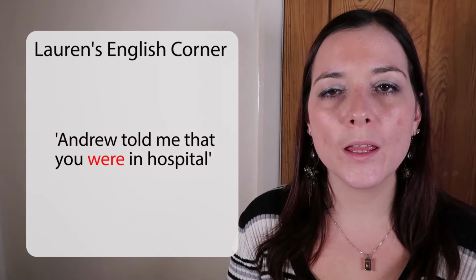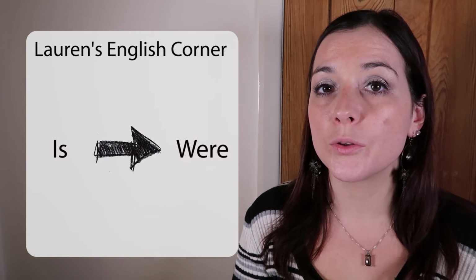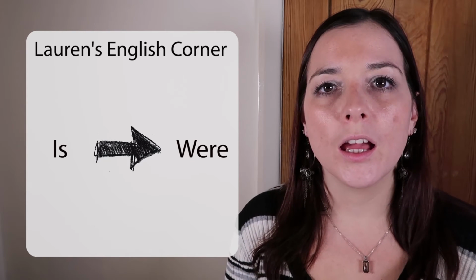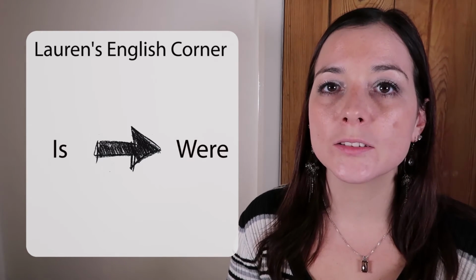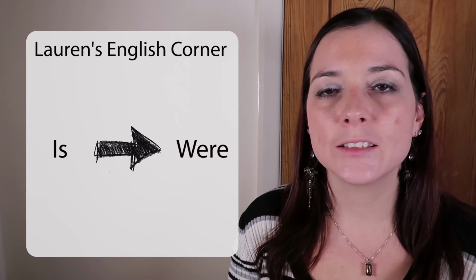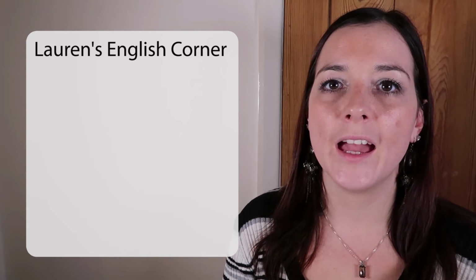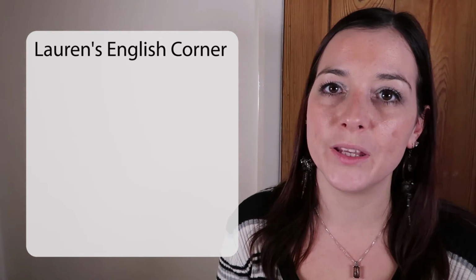So the "is in hospital" changes to "were". You were in hospital, because in this instance it appears to be not true, as Claire is out shopping, so she can't be in hospital.